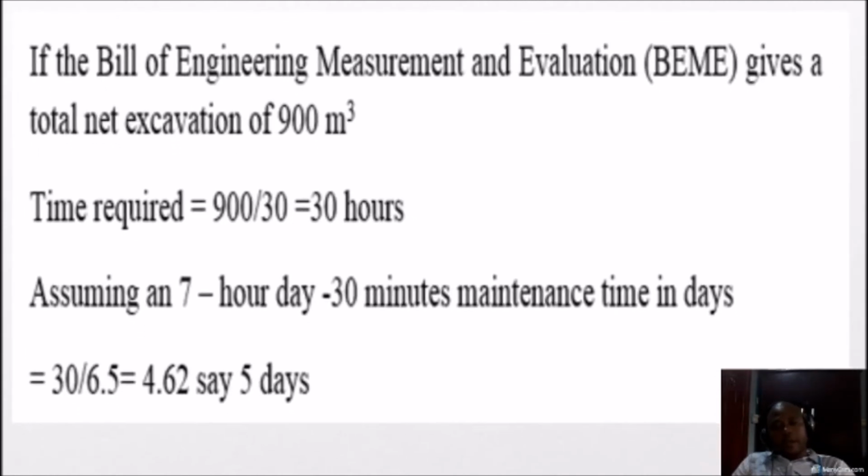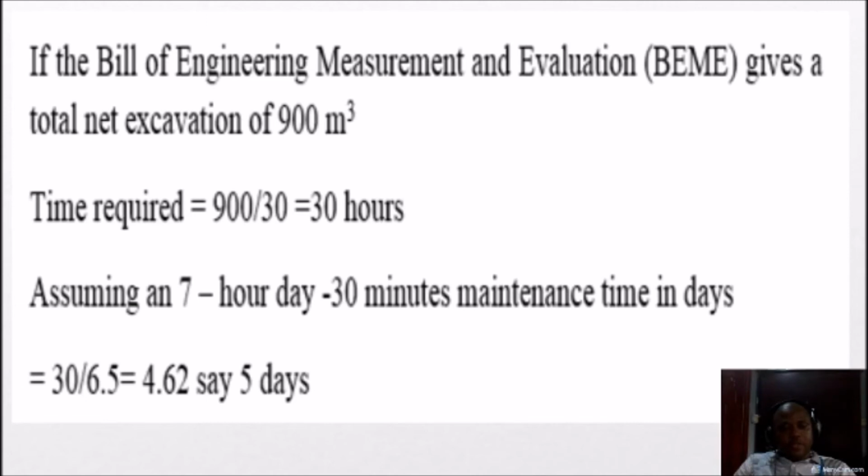So from the BEME, or the Bill of Engineering Measurement and Evaluation, we are given a total net excavation of 300 meter cube. So that is the total volume of earth to be excavated. So time required will be equal to the total volume divided by what we obtained earlier.